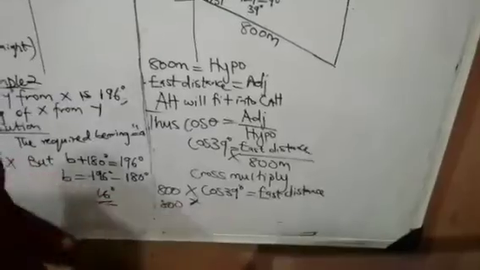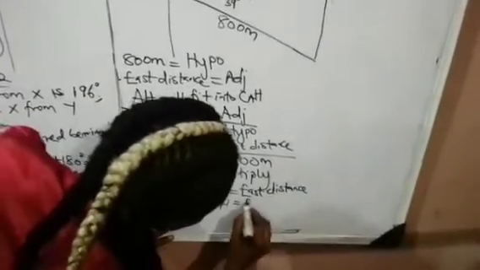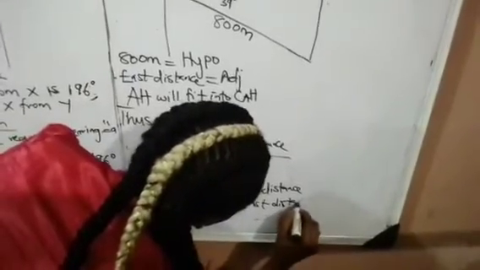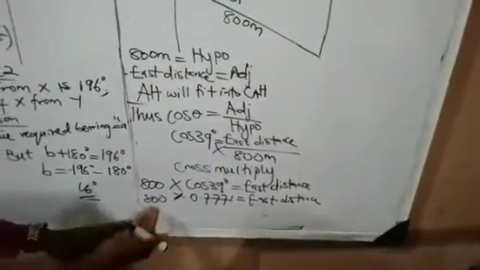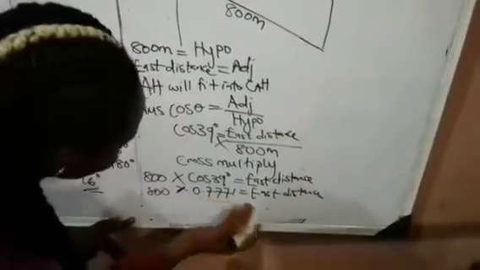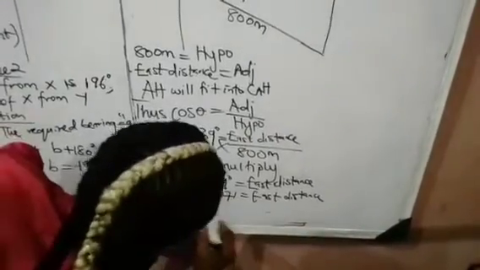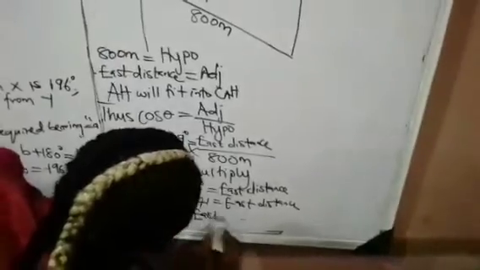Check 39 under 0. You find out that it gives us 0.7771 for this. Then 800 multiplied by 0.7771 will give us 621.68, which equals this distance we are looking for.